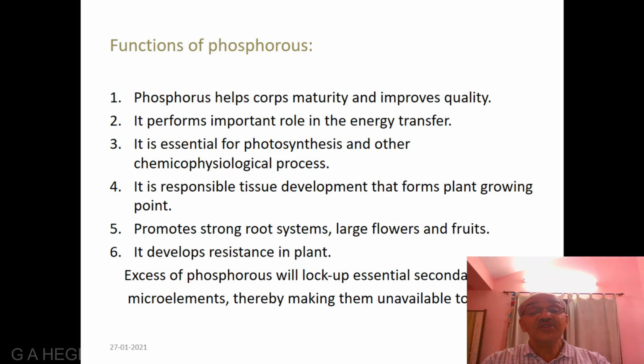It is responsible for tissue development that forms plant growing point, promotes strong root systems, large flowers and fruits. It develops resistance in plant. Excess of phosphorus will lock up essential secondary and micro elements, thereby making them unavailable to plant.